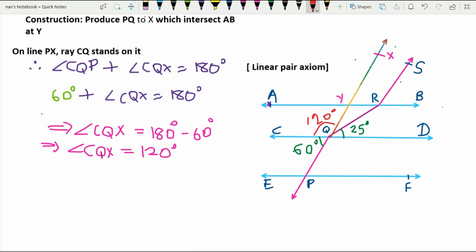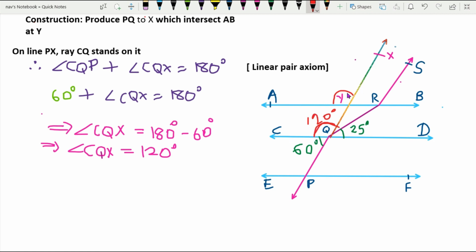Now see, it is given that line AB and CD are parallel, and let us take PQ as transversal. Let us take this line PX as transversal. Now angle AYX will be equal to angle CQX.